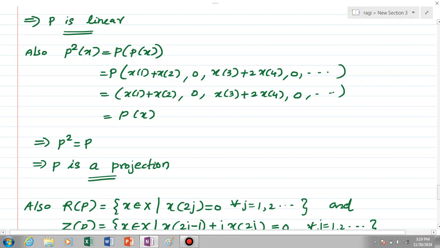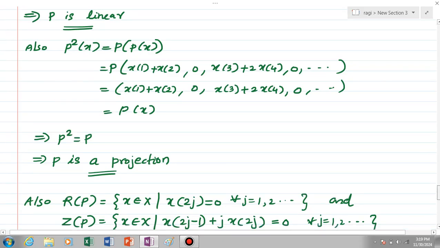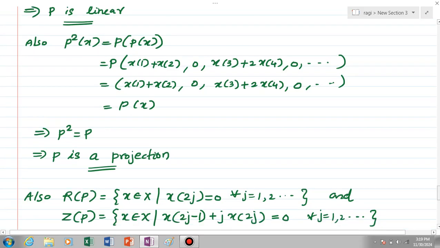Also we have R(P) is the set of all x in X where x(2j) = 0 for every j, and Z(P) is the set of all x in X with x(2j - 1) + j times x(2j) = 0 for every j.